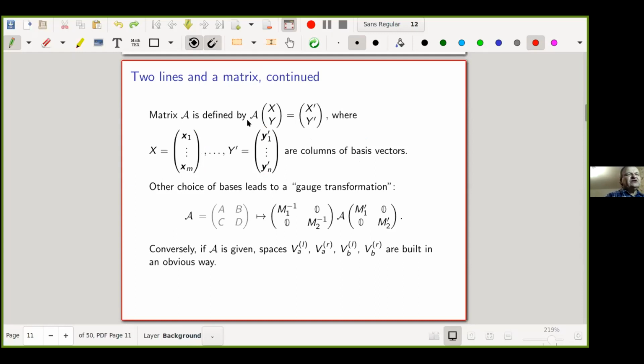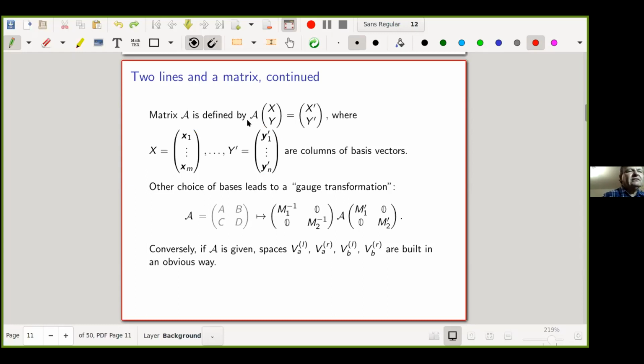So this matrix is determined up to what I call a gauge transformation. Gauge transformation in my report will always mean another choice of a basis somehow, somewhere.